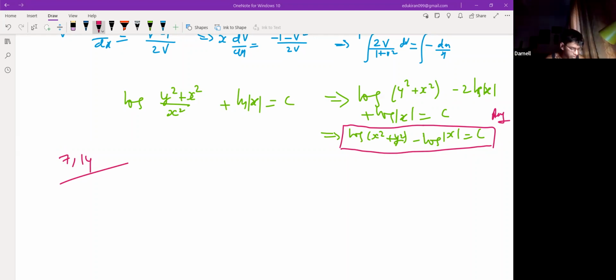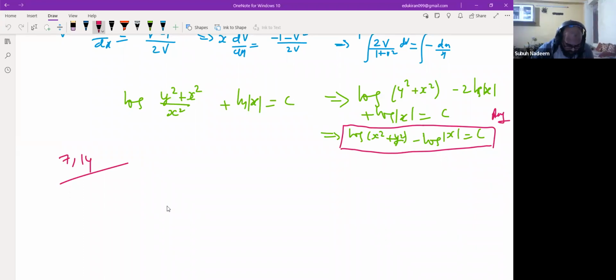For the seventh one, I got mod sec (y by x) is equal to c. Okay, one second. Can you tell me again?